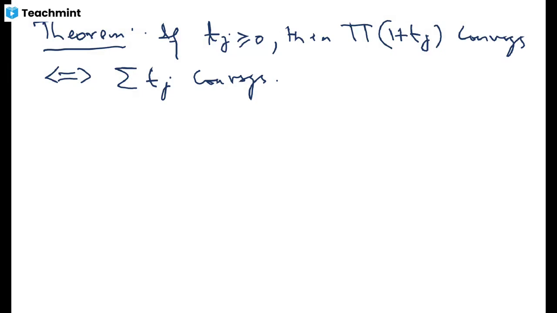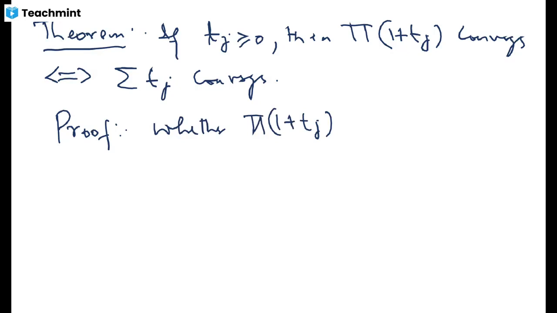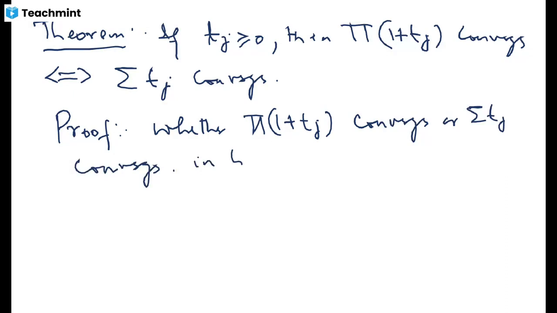So note that the first thing you observe is that whether this infinite product 1 plus tj converges, or the infinite series converges, in both the cases, what we are going to get is that the value of tj will tend to 0 as j tends to infinity.